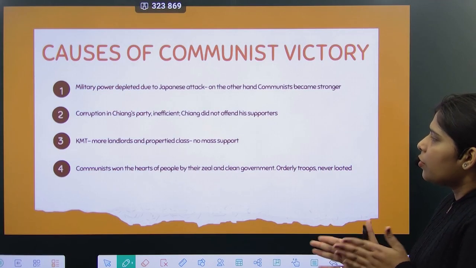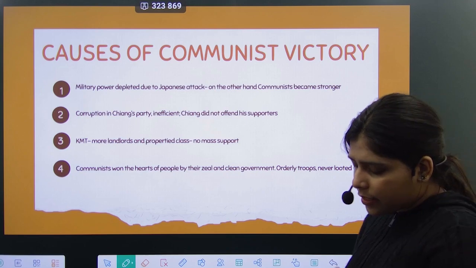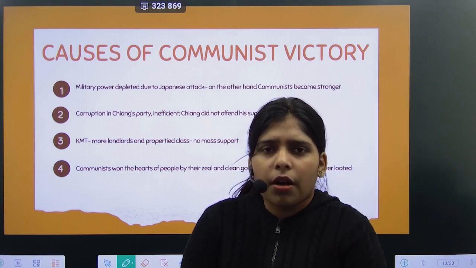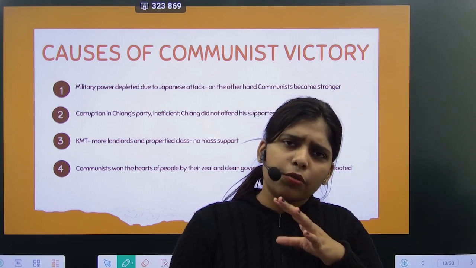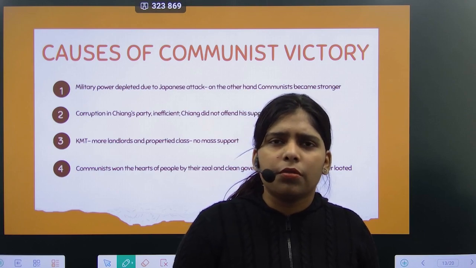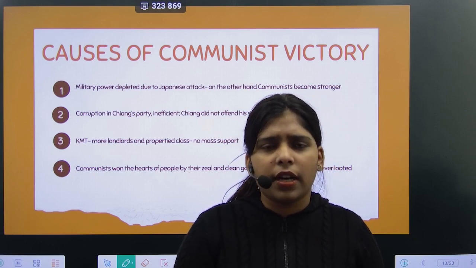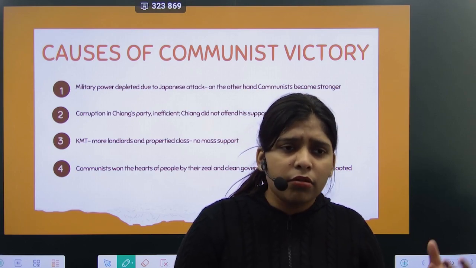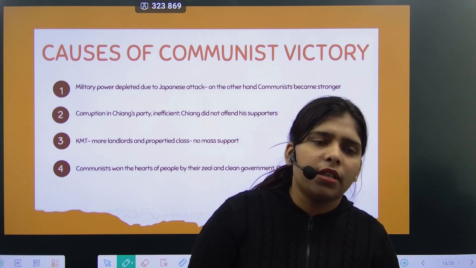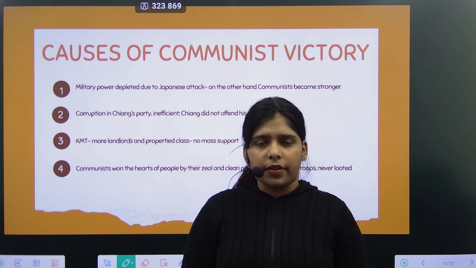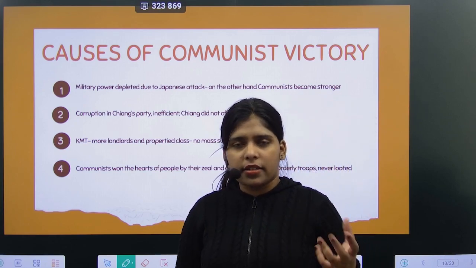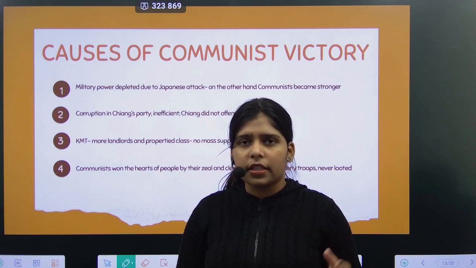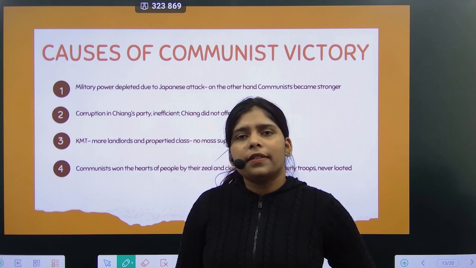Now the situation over here: why were communists so easily able to send the KMT to Taiwan? Why were they so successful, and why were merely 20,000 communists who survived Chiang Kai-shek's invasion, his massacre, able to send off these people?